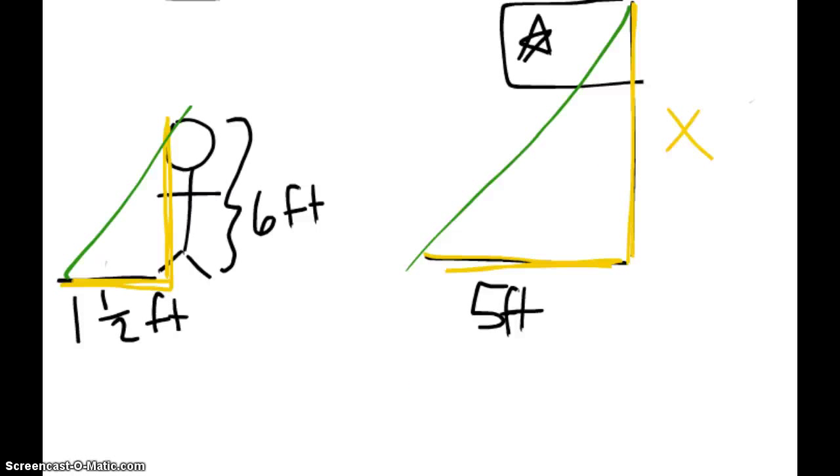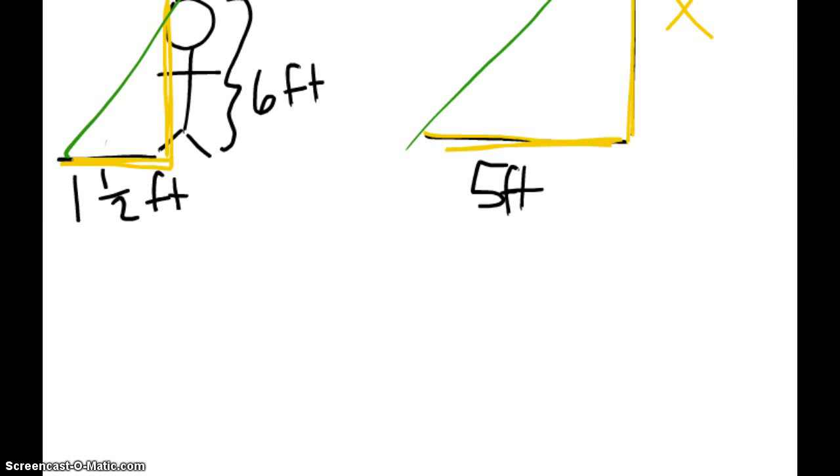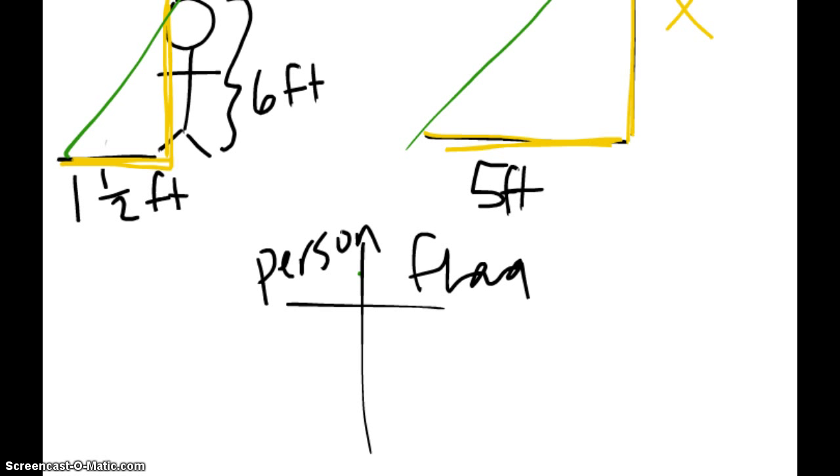All right, so ratio table. So we've got person and flagpole. And the height of the person is 6 feet, and that corresponds to X feet for the height of the flagpole.